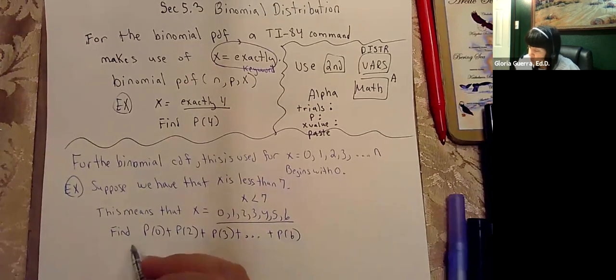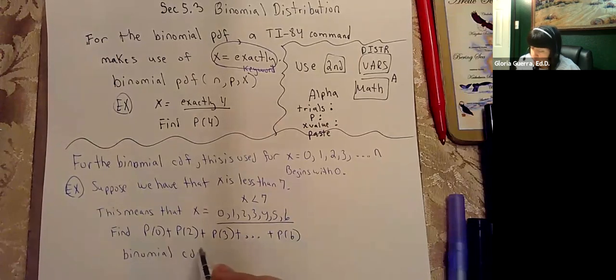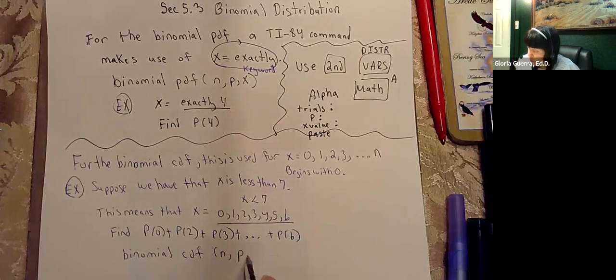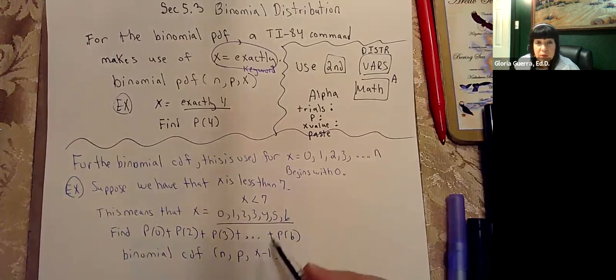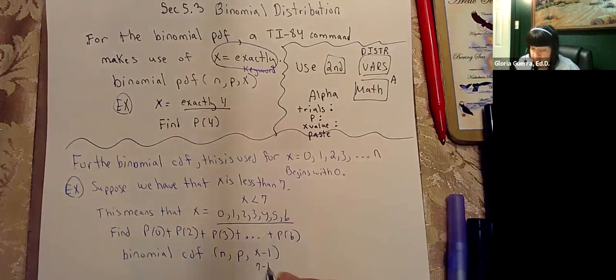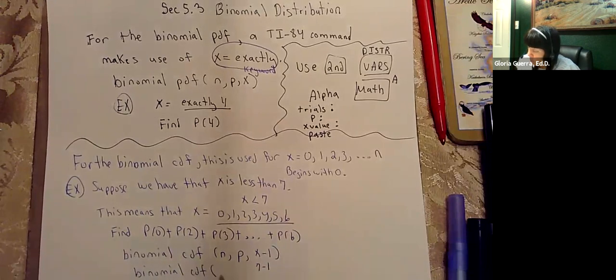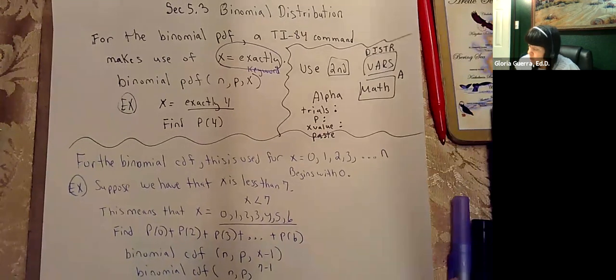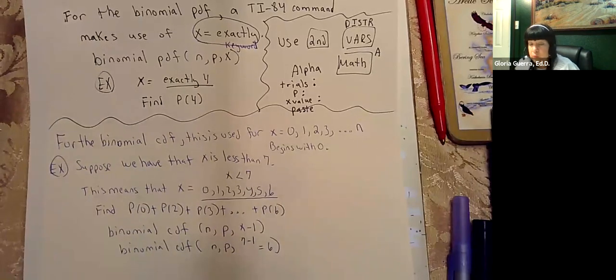And so we use binomial CDF, which has NP, in this case, x minus 1. So remember, x was less than 7. So this is 7 minus 1. And 7 minus 1 is 6. So NP 7 minus 1, which is 6. Okay.